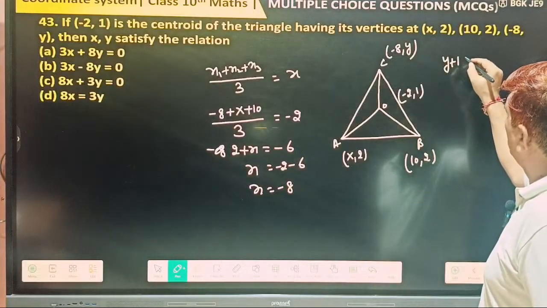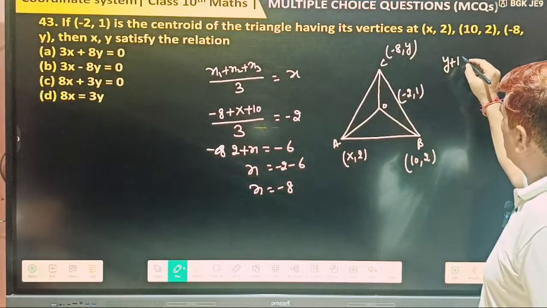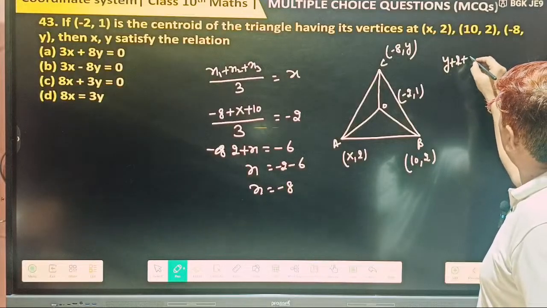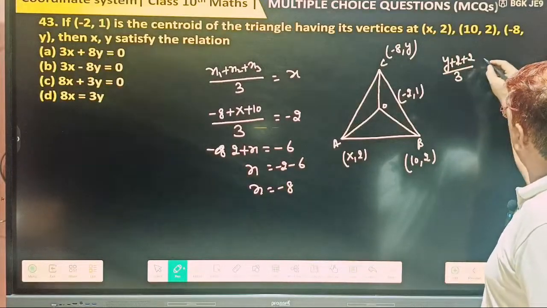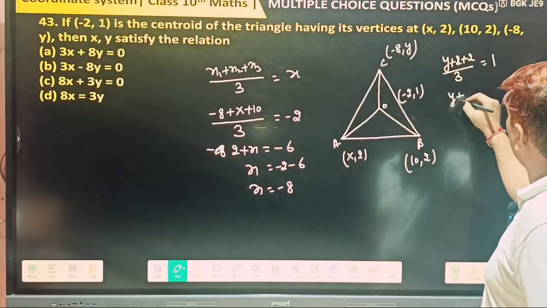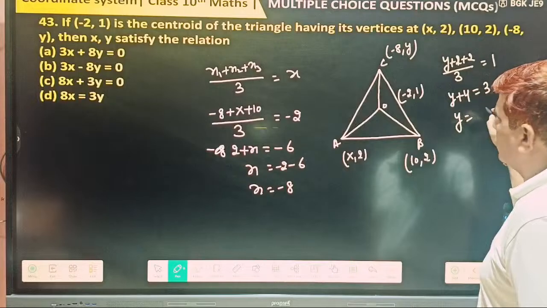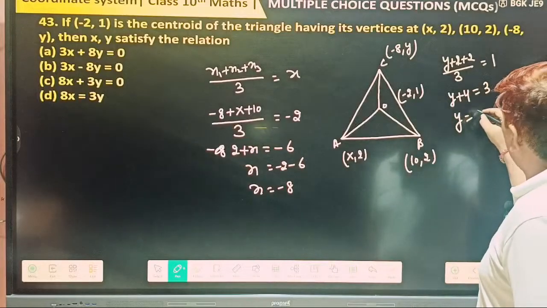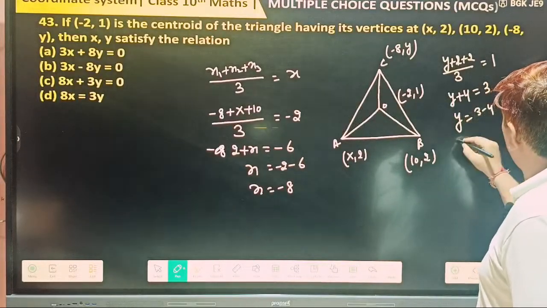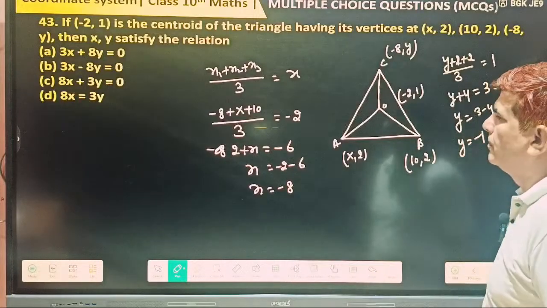So y plus 1, sorry, y plus 2 by 3 equal to 1. So y plus 4 is equal to 3 and y equal to what? y equal to 3 minus 4, y equal to minus 1.